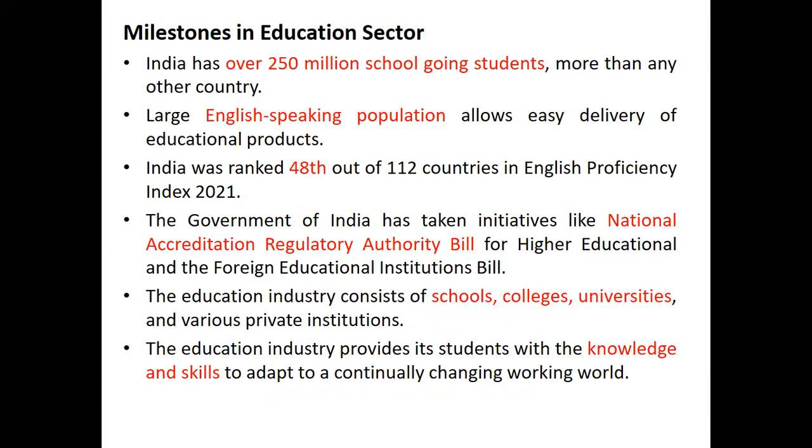Just go through this slide. This is also milestones in the educational sector. India has over 250 billion school going students, more than other countries. Nowadays, school going children are more because the population of India is also higher as compared to other countries.